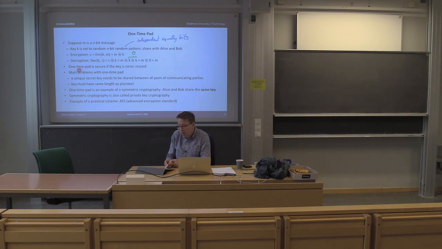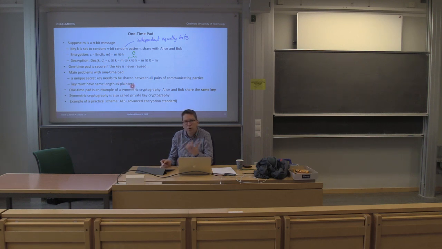So the one-time pad is secure if the key is never reused. One can prove this mathematically. I will sketch a proof in a second. Okay. So why is this not used always? Well, the answer is on the slide. The main problem with this is that we need a unique secret key to be shared among all the pairs of communication parties, and the key needs to have the same length as the plain text.